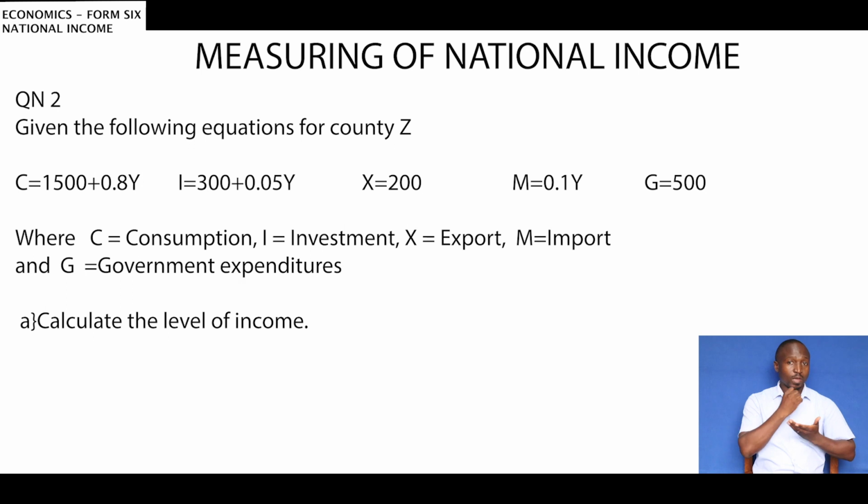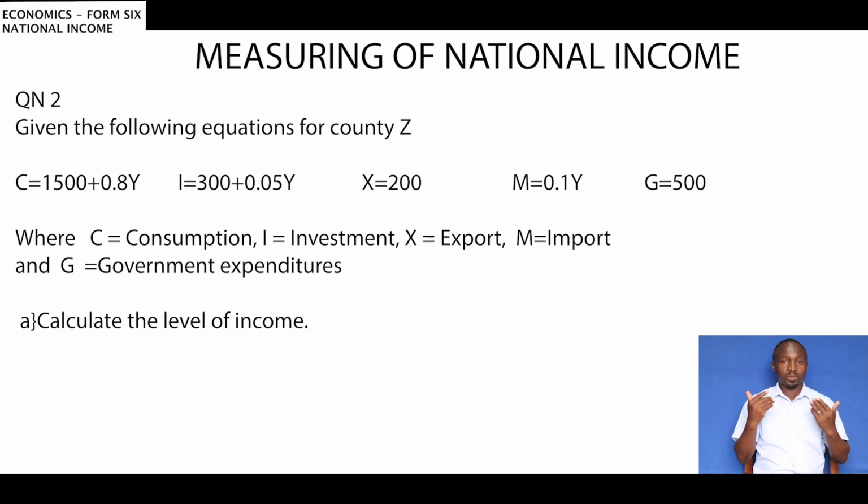X equals 200, X stands for export. M equals 0.5y, M stands for import. And G equals 500, G represents government expenditures, as we see in our question.